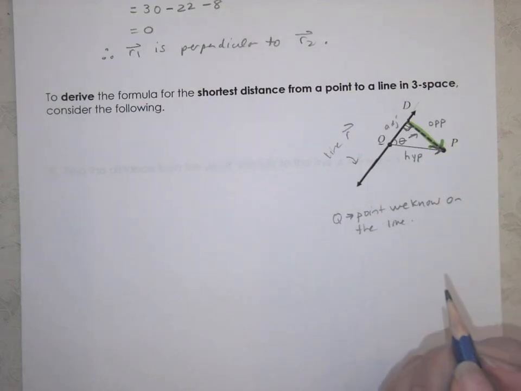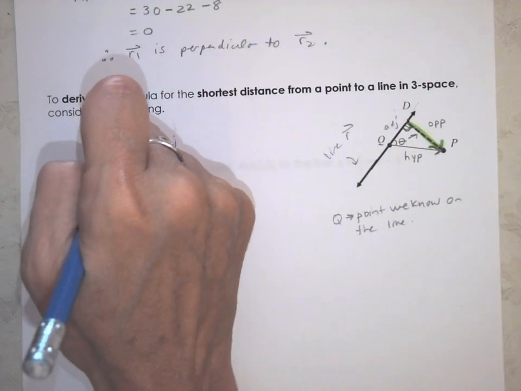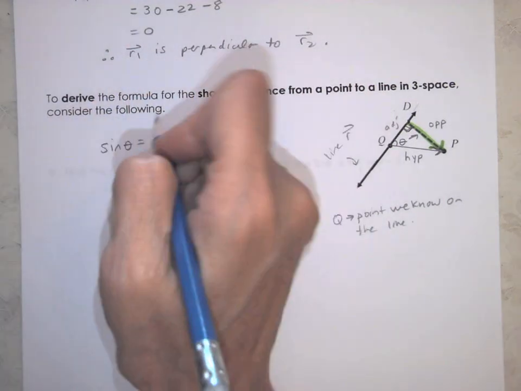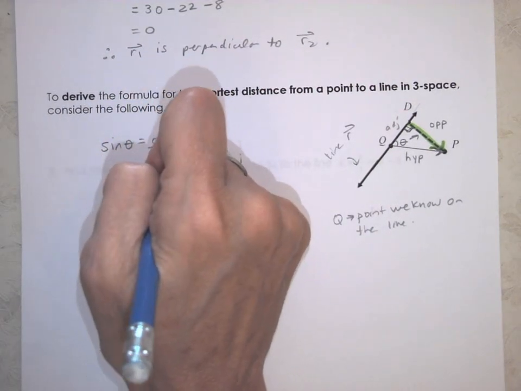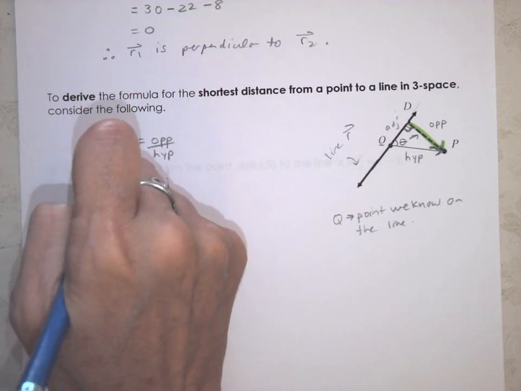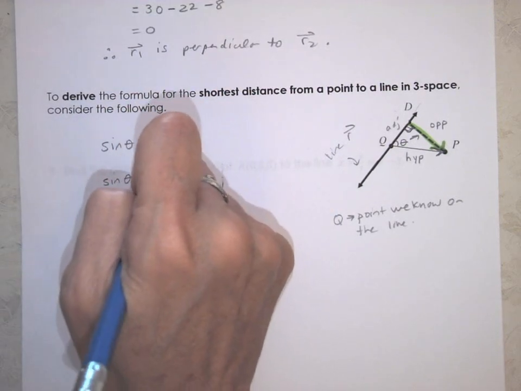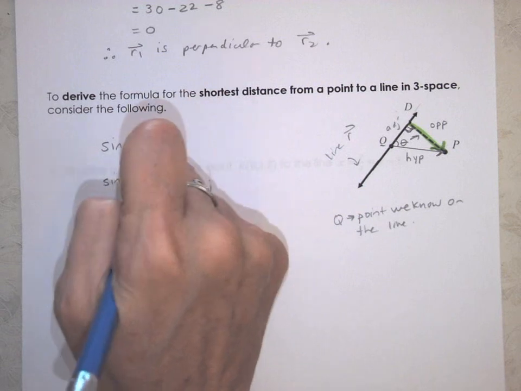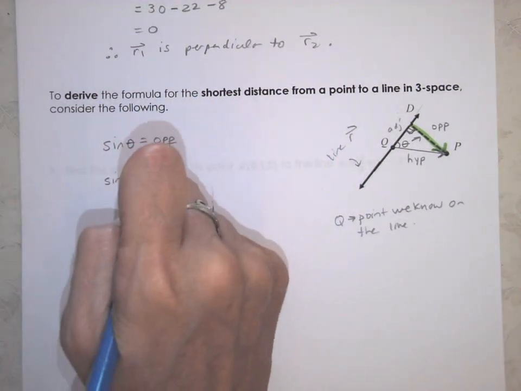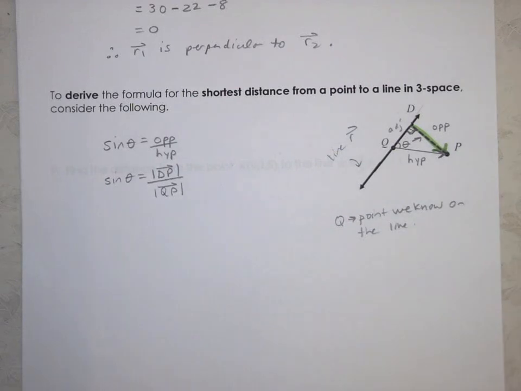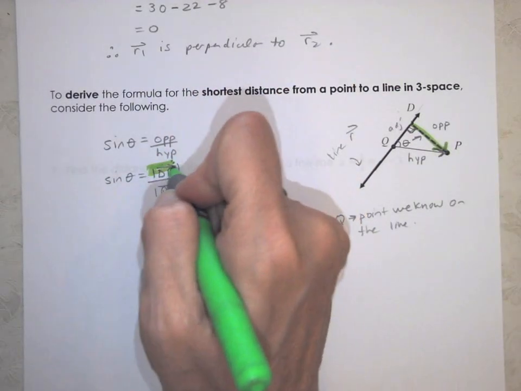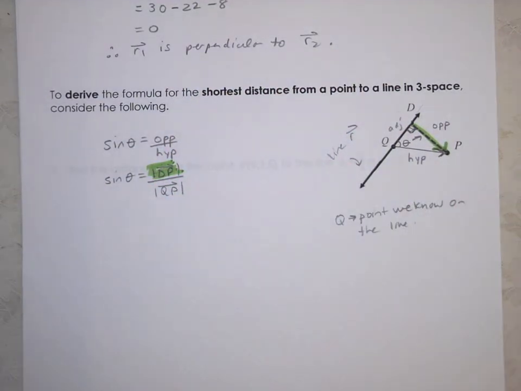So the sine of angle theta is the opposite over the hypotenuse, or the magnitude of vector DP over the magnitude of vector QP. The magnitude of vector DP is the shortest distance that I want.